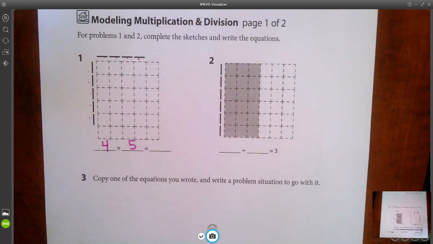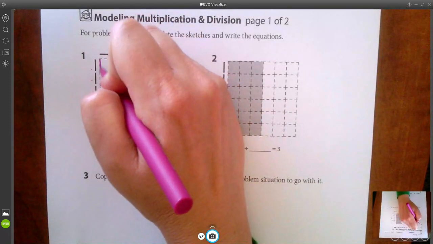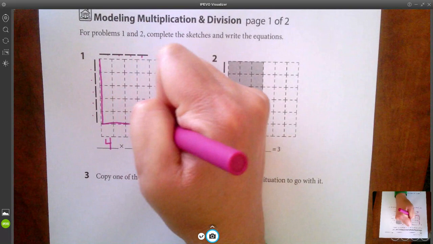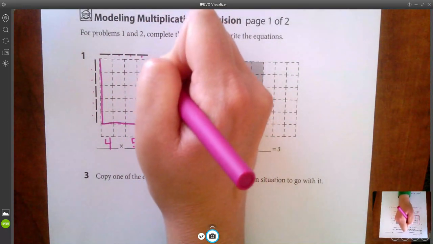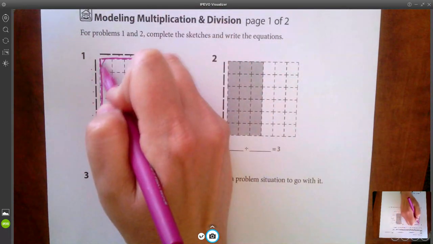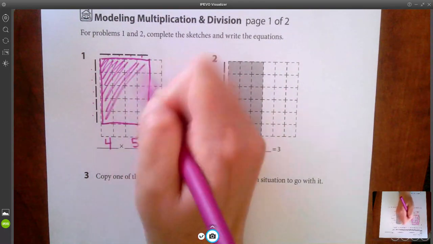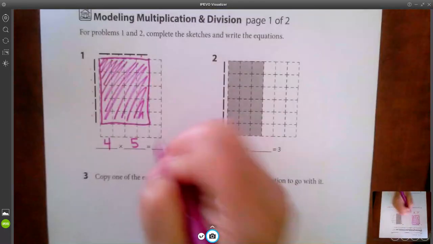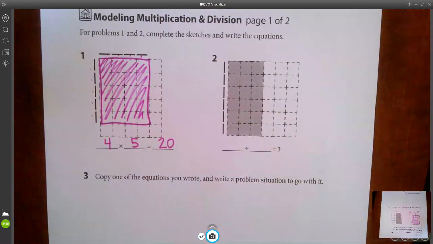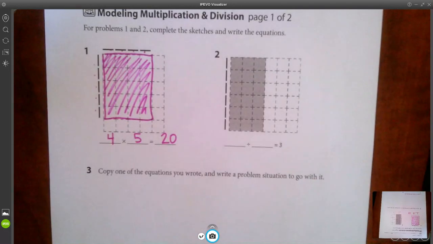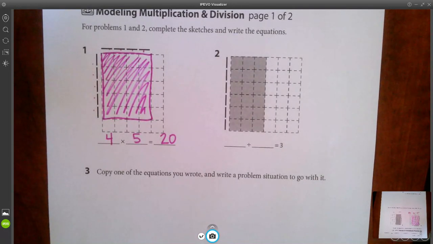And that equals 20. I know it equals 20 because if I were to fill in 4 times 5 and shade it all in, guess how many boxes would be shaded? 20. So that's just a visual representation of 4 times 5 or 5 times 4.